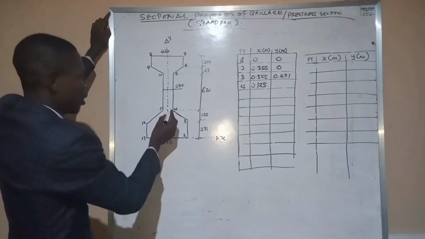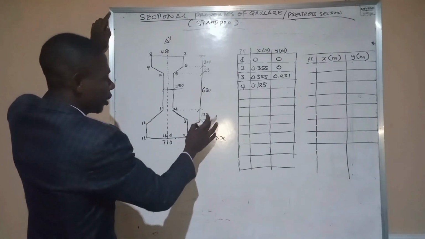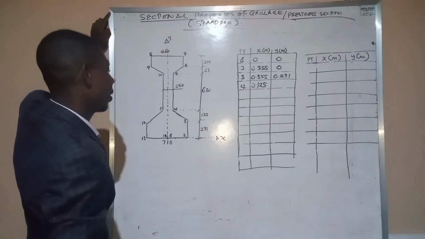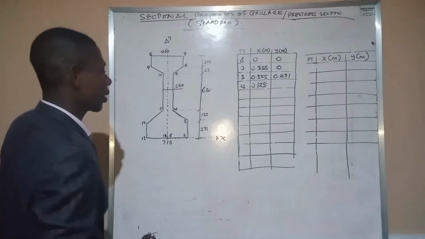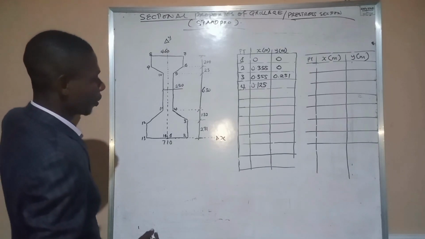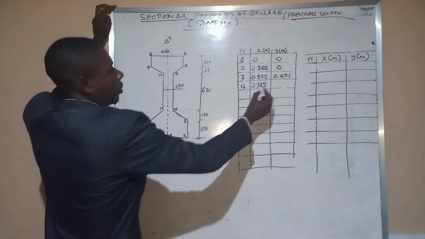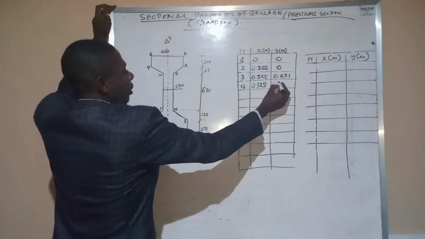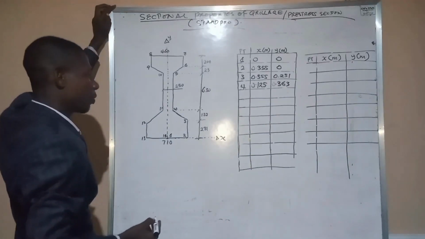So that is 0.4. So the y value becomes this plus this, which is 0.363. Now the next point is point 5.